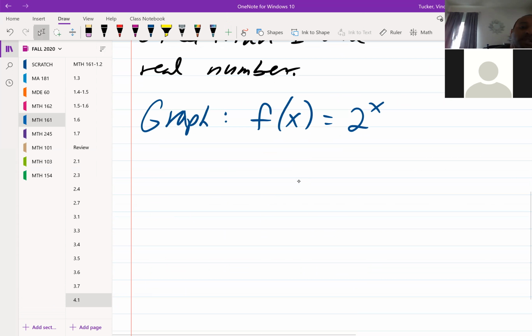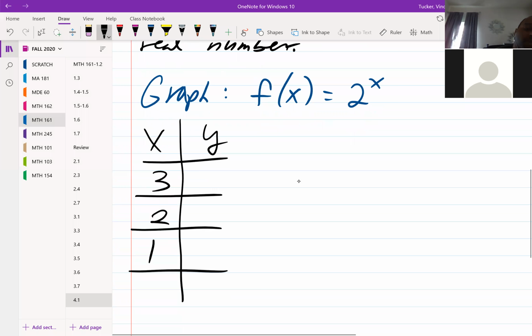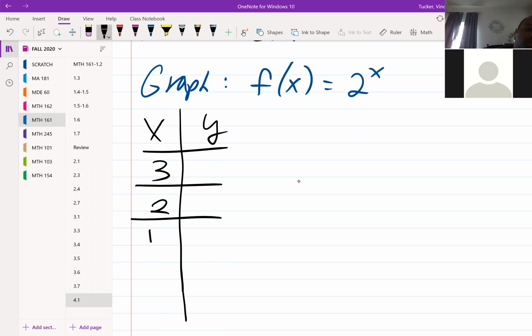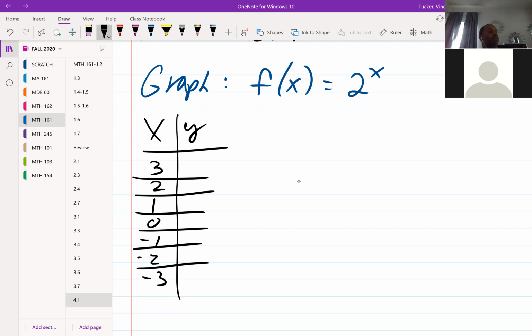If I scroll up too fast, always feel free to let me know. Whenever we're graphing, one of the ways you can do so is by creating an XY chart, choosing your X values, and then plugging them in to find the corresponding Y value.